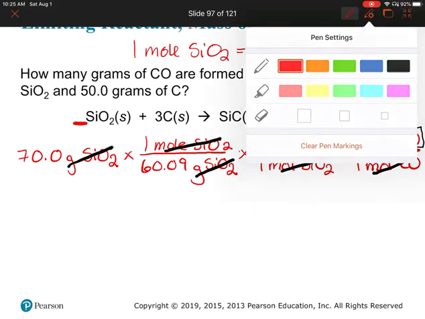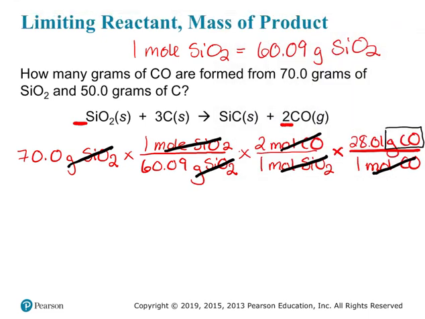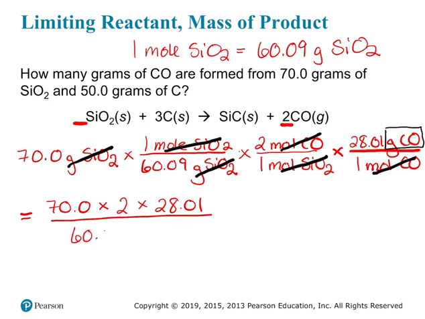All right, so let's simplify our math here. So in the numerators, we have 70 times 1 times 2 times 28.01. And in the denominators, we have 60.09 times 1, so I'll just leave those out. And then our final unit is grams of carbon monoxide.